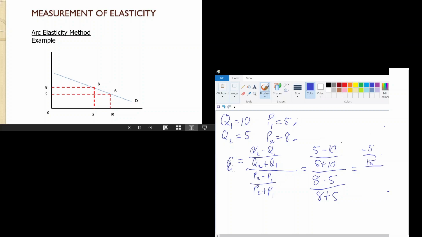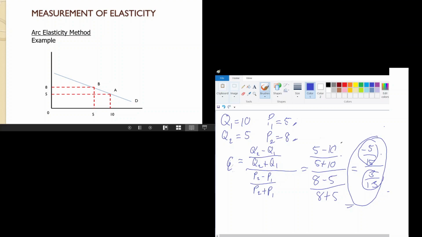And then 8 minus 5 is 3 over 8 plus 5, 13. Okay, so I assume you already know how to compute this kind of given sa calculators nyo. Okay, so unahin muna ito bago ito.